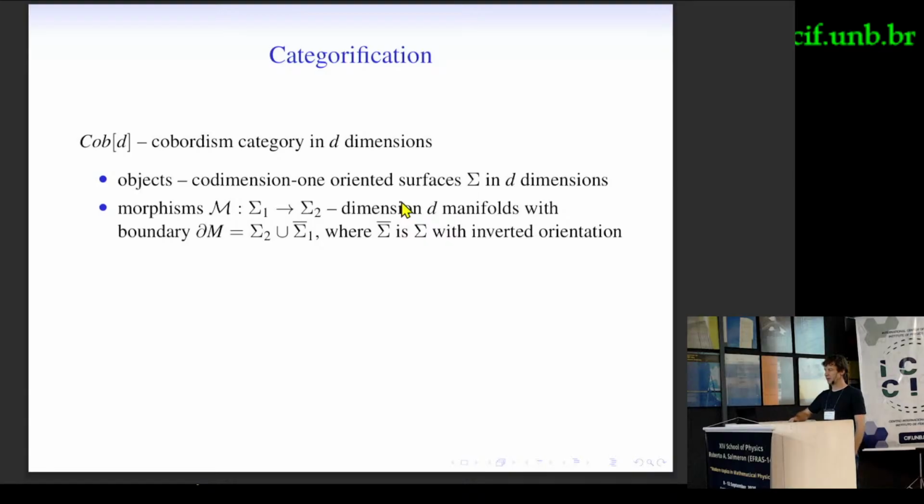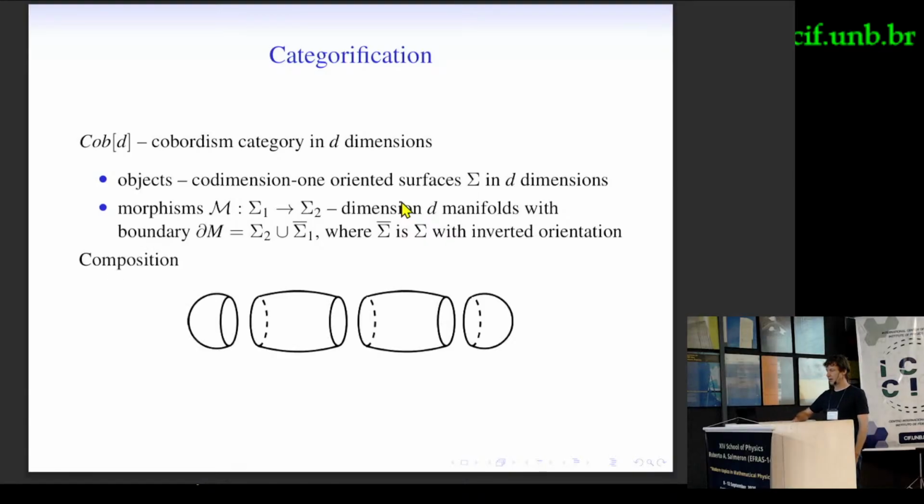So here's an example. In this diagram I have two disks, which are two-dimensional objects, and there is a three-dimensional space which connects the two disks. So this is an example of a cobordism.